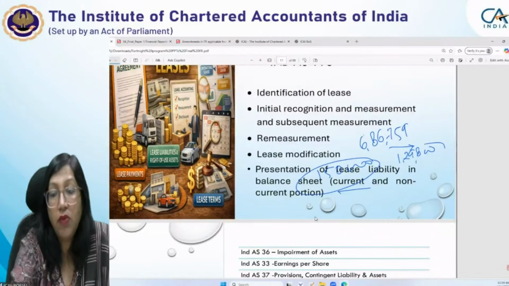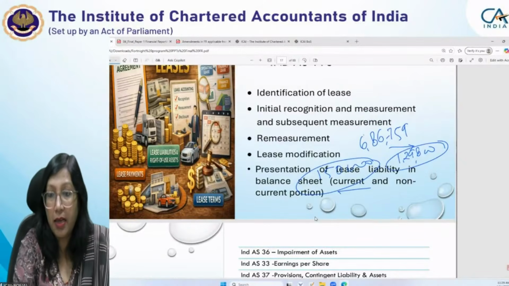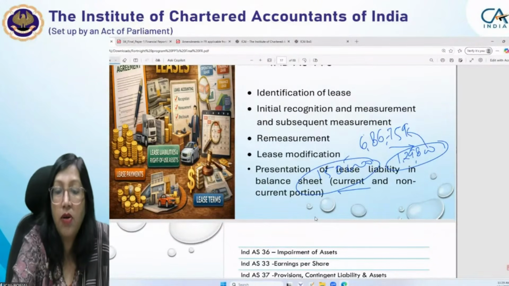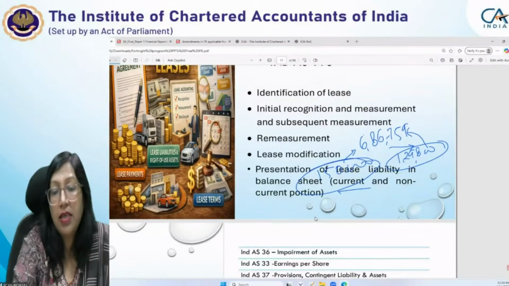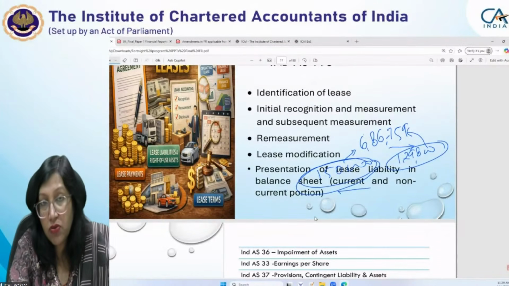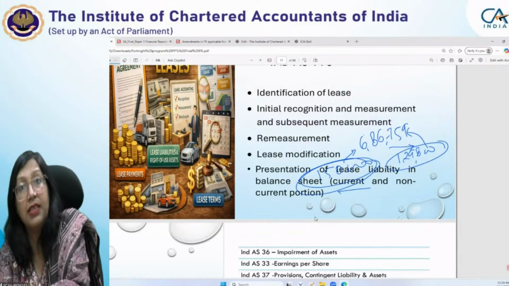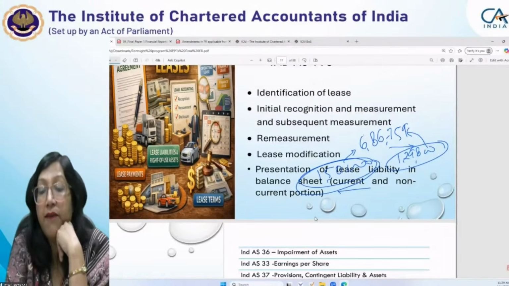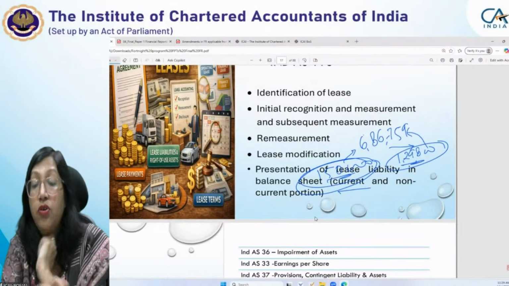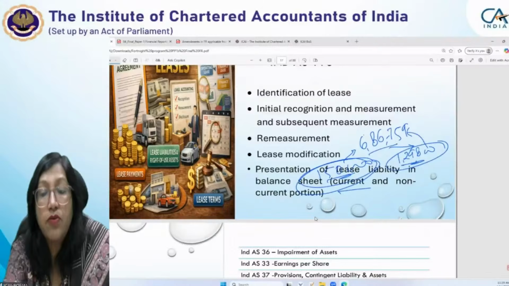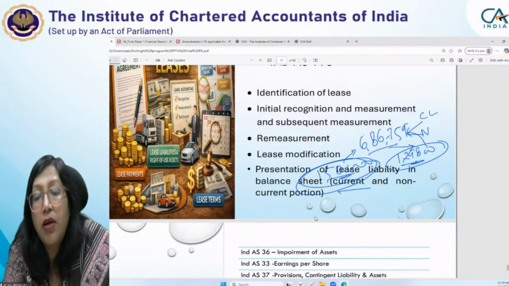You have to show only the 1,29,800 as current, because this value forms part of the total liability, not the 1,50,000. The 1,50,000 includes your finance cost also, and this finance cost we calculate at the year end in the next year, and then it will become 1,50,000. Otherwise, it is only 1,29,800. So you have to bifurcate the 6,86,759 into two parts: current liability and non-current liability.